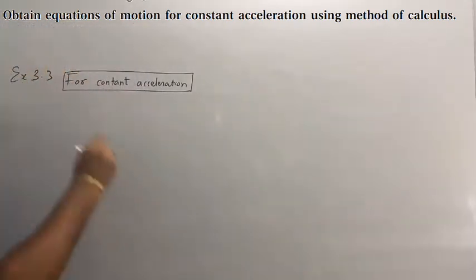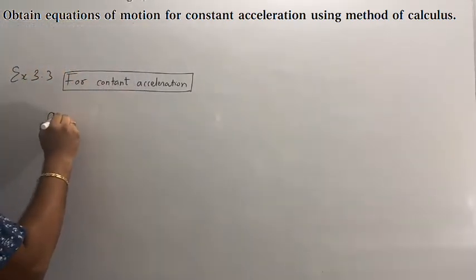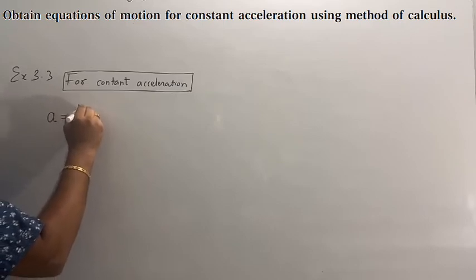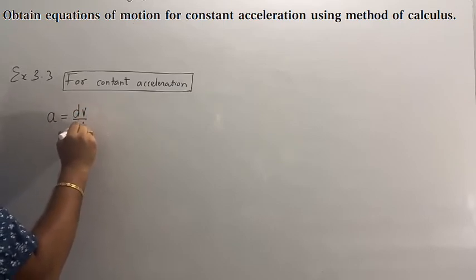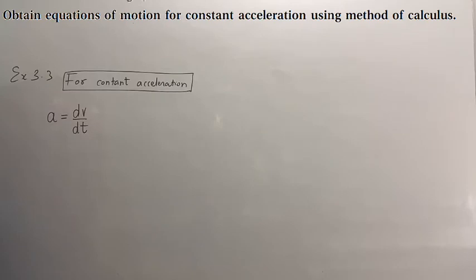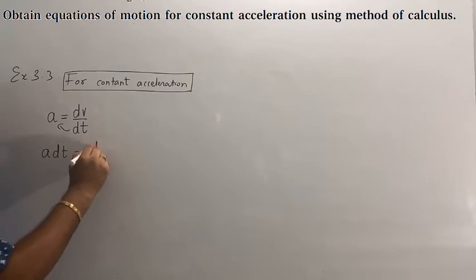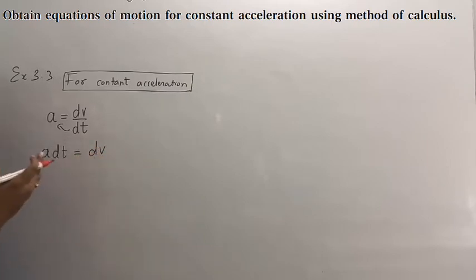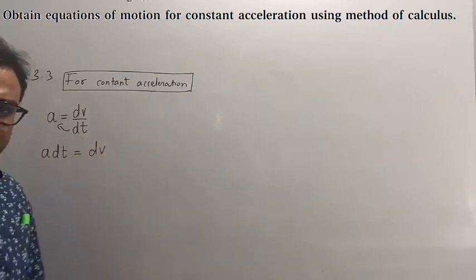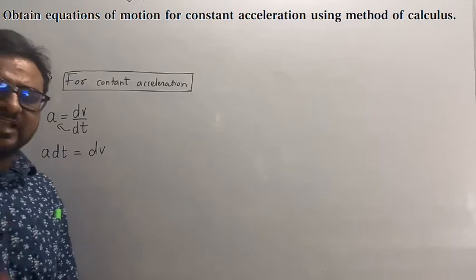So what is the formula for instantaneous acceleration? dv upon dt, right? The formula for instantaneous acceleration is dv by dt. So I can take this dt on this side: a dt is equal to dv.